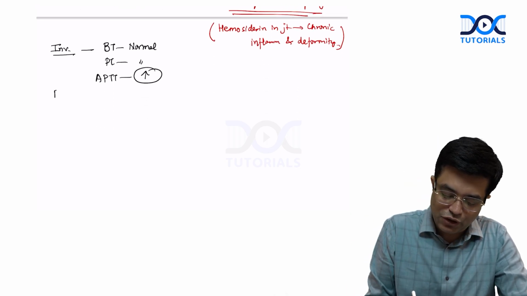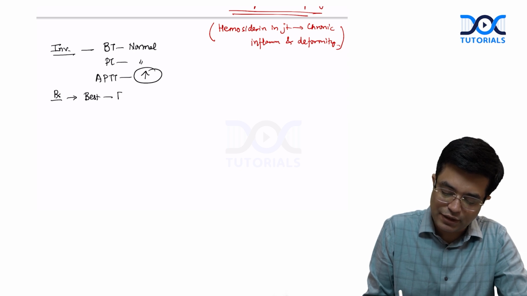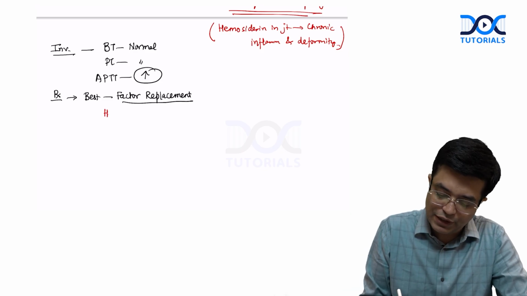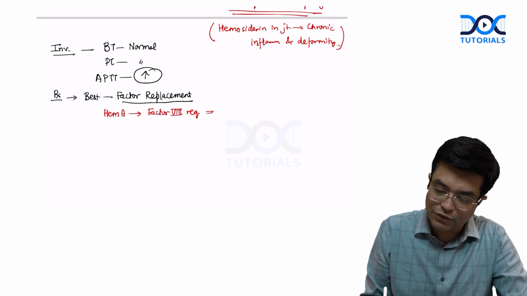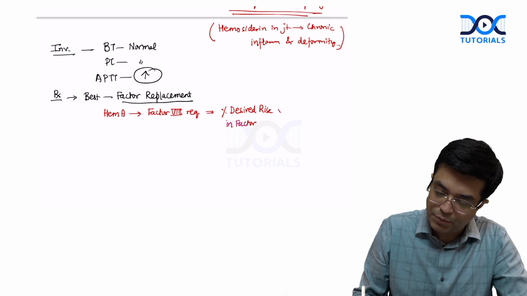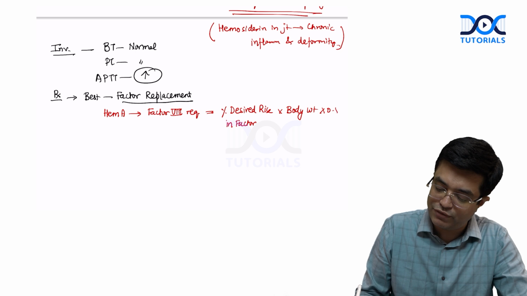Now, coming to treatment of hemophilias, the best therapy available is factor replacement. How much factor needs to be given in case of hemophilia A? The factor 8 requirement can be calculated by the formula: percentage desired rise in the factor level, multiplied by body weight, multiplied by 0.5.